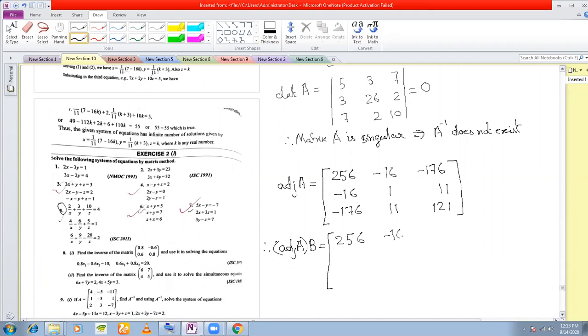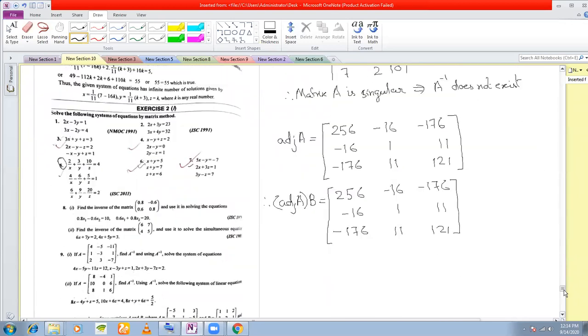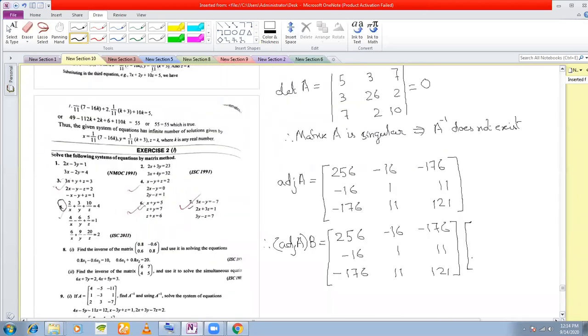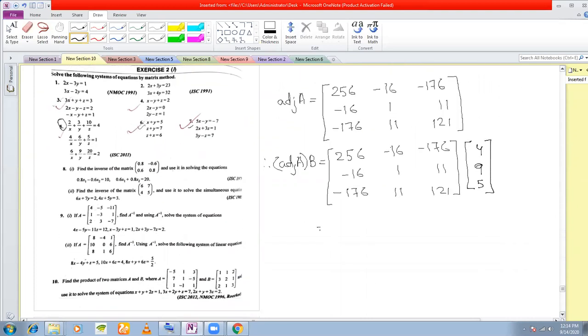Adjoint of A is 256, minus 16, minus 176, minus 16, 1, minus 11, minus 176, minus 11, 121, and B here is 4, 9, 5. You multiply these two matrices and you will get a null matrix.